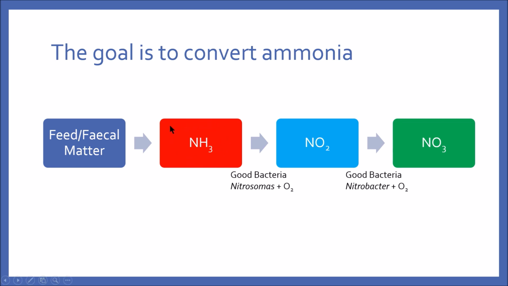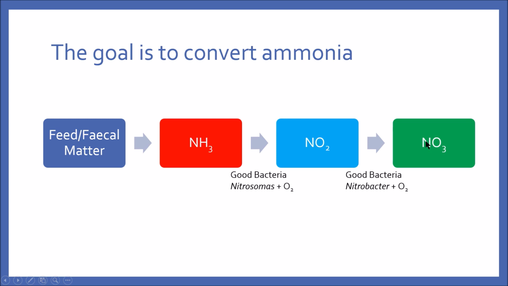Ammonia is very toxic and it needs to be kept as low as possible. The values that you should be targeting are 0 to 0.25 ppm. The goal of biological filtration is to convert ammonia into NO2 and NO2 into NO3.